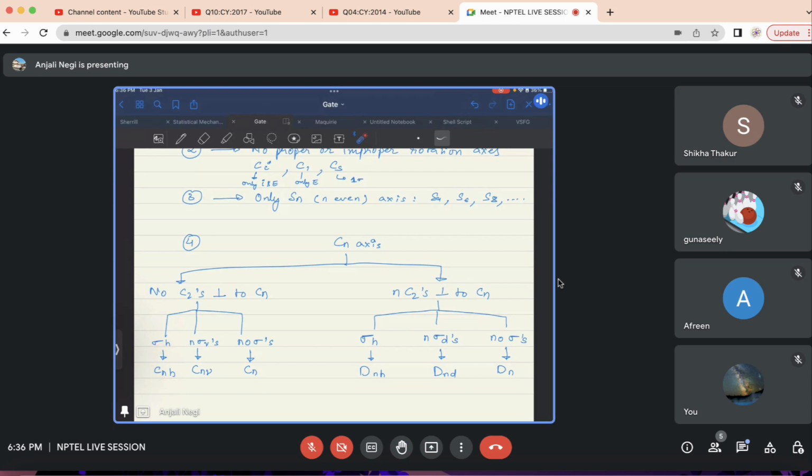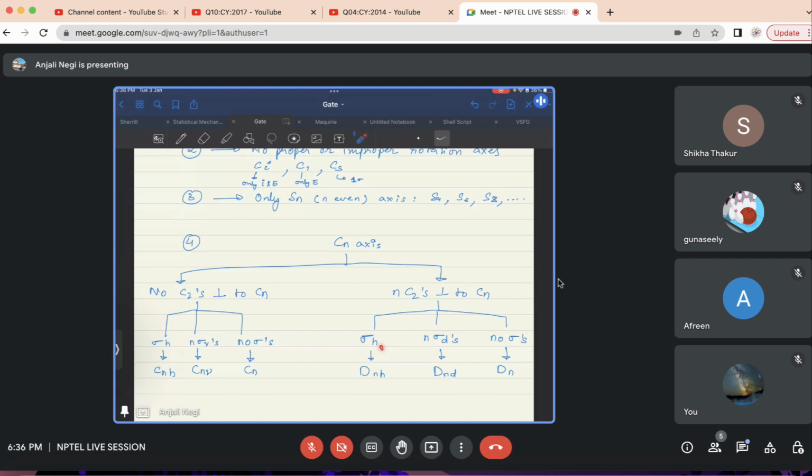Okay, in the similar manner, here we have a D type point group, where my nC2 which are perpendicular to Cn can be divided into either Dnh when my sigma h is present, which is horizontal to the principal axis, one plane is present.